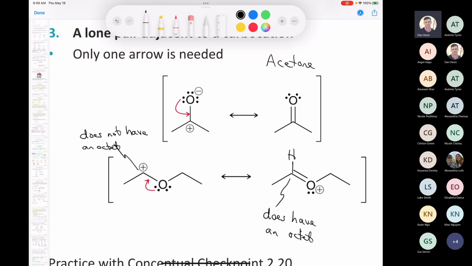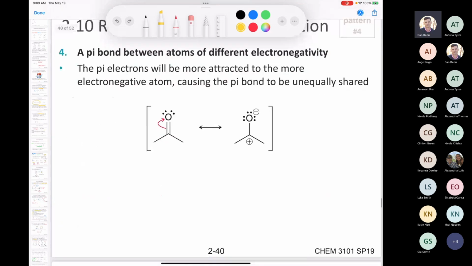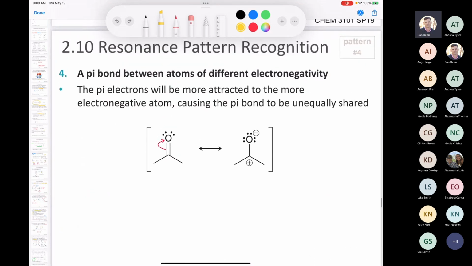And so it is surrounded by an octet of electrons, and the oxygen is surrounded by an octet both here and here. So we're going to take a look at rules that help us to determine whether something is a greater contributor to the resonance hybrid than something else. And this would be a greater resonance contributor because everything has an octet. Anyhow, I'm getting ahead of myself. What's next? A pi bond between atoms of differing electronegativity.